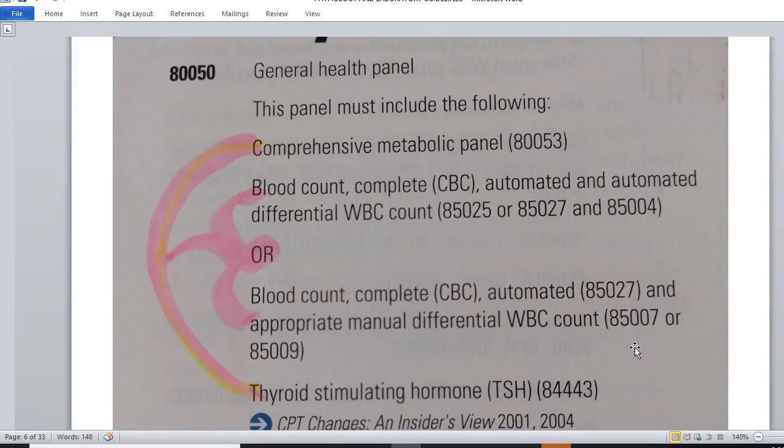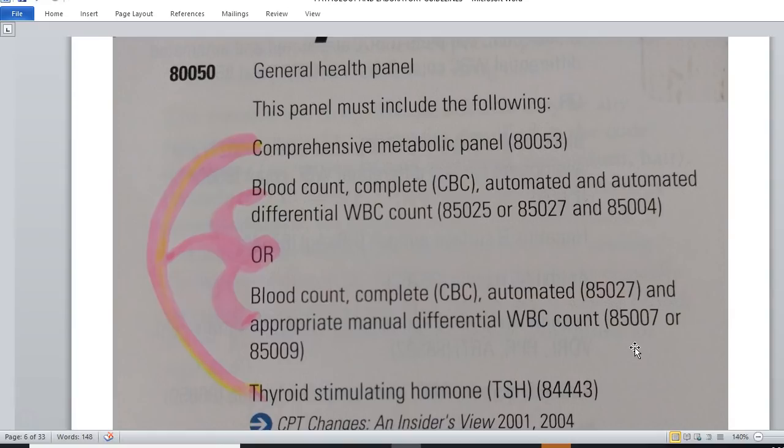If the provider is more worried that the patient might have inflammation or infection, or they're looking for something specific within the white blood cells, they will have someone do a manual differential, which means someone in the lab puts a drop of blood on a slide and physically counts how many white blood cells are in that sample, versus the automated differential, which is the machine doing it.